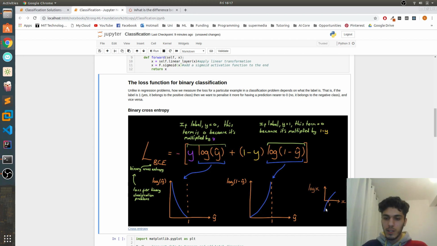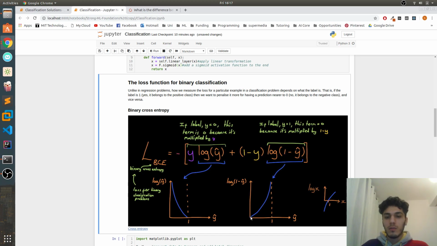Okay, so this is what the log function looks like. And when we do log of 1 minus x, or in this case y hat, it turns into this curve here. This curve has a very high value when y hat is equal to 1 and a value of 0 when y hat is equal to 0.